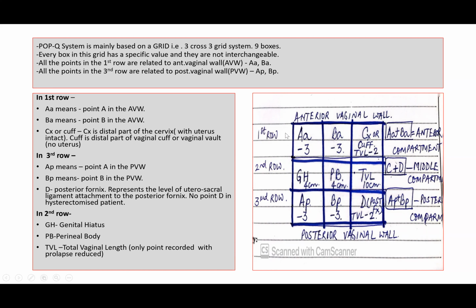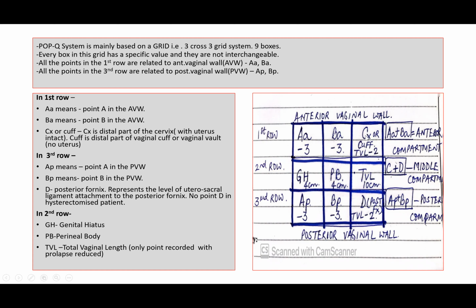Coming to the first row, just see this small a. AA means points in the anterior vaginal wall. So AA is point A in the anterior vaginal wall, BA is point B in the anterior vaginal wall. And in a non-prolapsed uterus, the value is -3 centimeter, -3 centimeter.